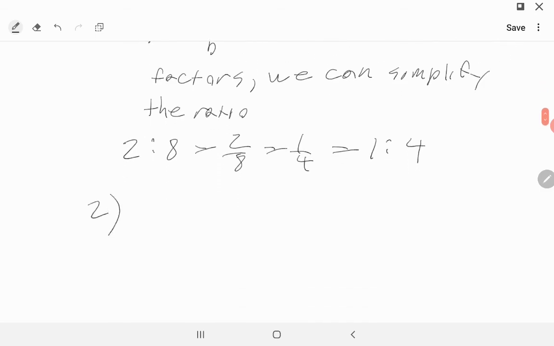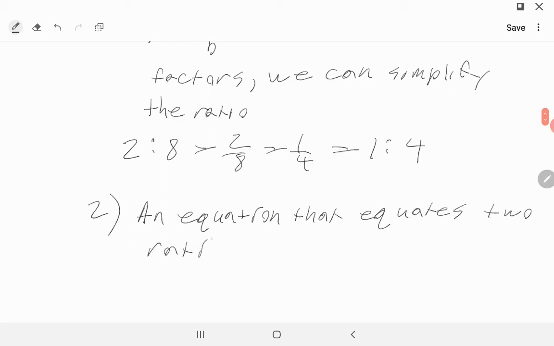Our other definition is the idea of a proportion. An equation that equates two ratios or rates is called a proportion.